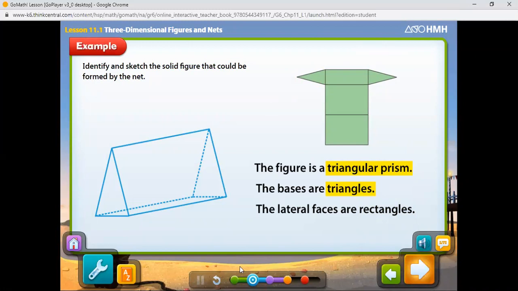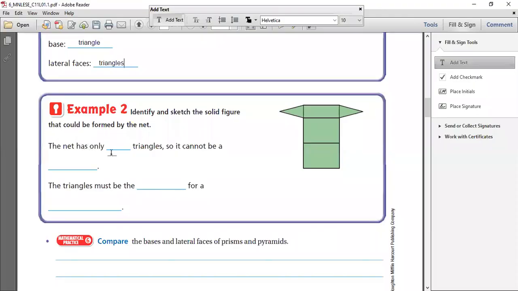Okay, so let's complete the corresponding question for this, example number 2. Fine. So the net has only how many triangles? The net has only two triangles. So it cannot be a pyramid because a pyramid has only one base.